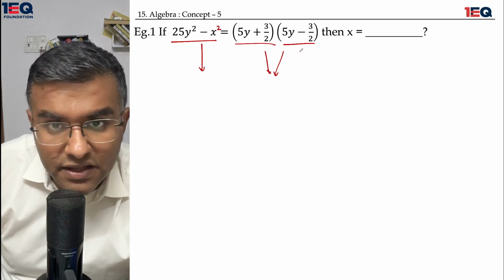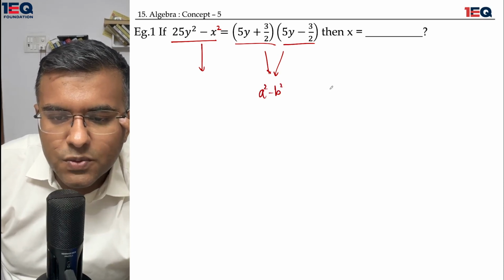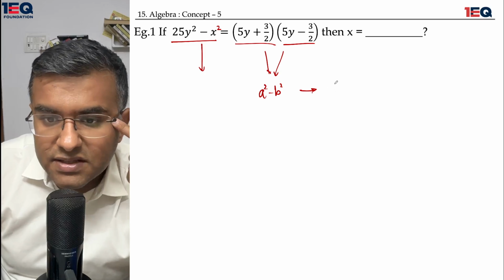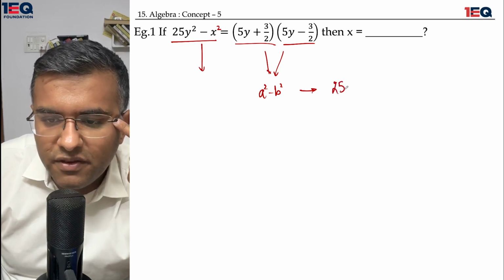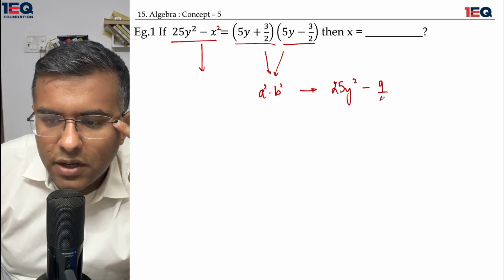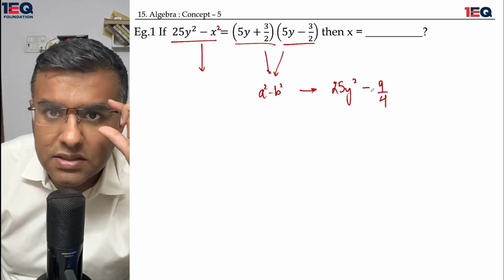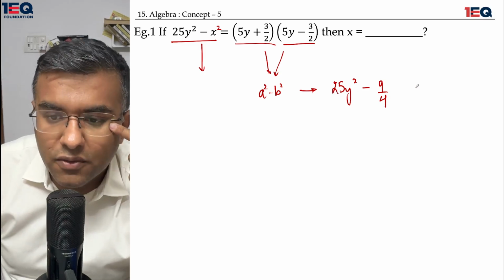This is the identity that I can see over here. The value of that would be equal to a square minus b square. If I reach that, I would achieve 25y square minus 9 by 4.